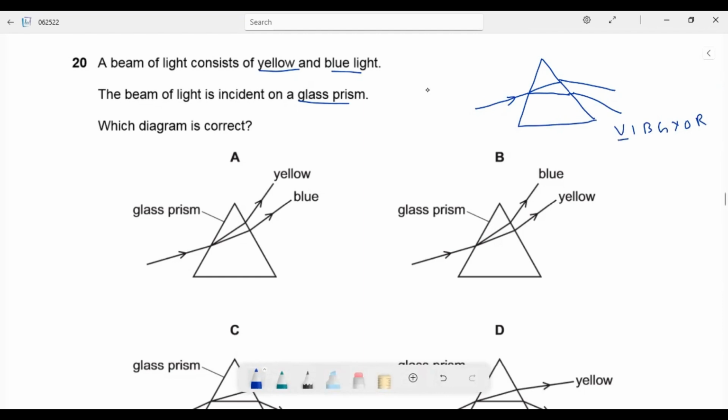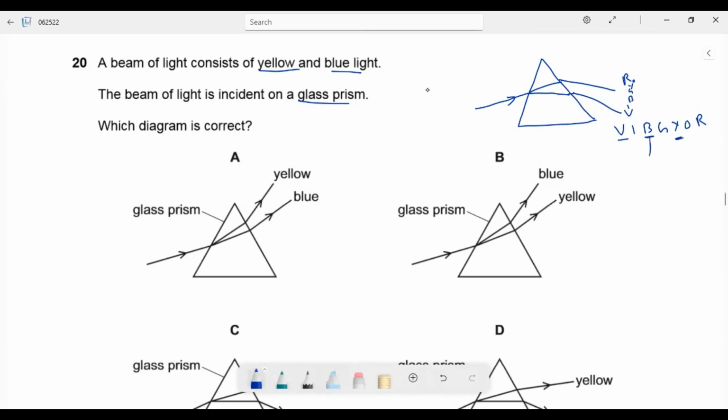Violet will be most deviated and red will be least deviated, and in between, indigo, blue, green, yellow, orange, it goes on like that. Here we can see blue is there, yellow is there.